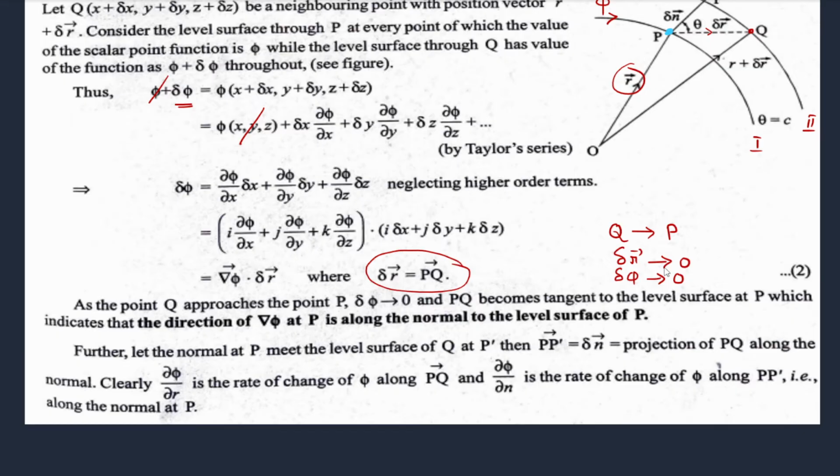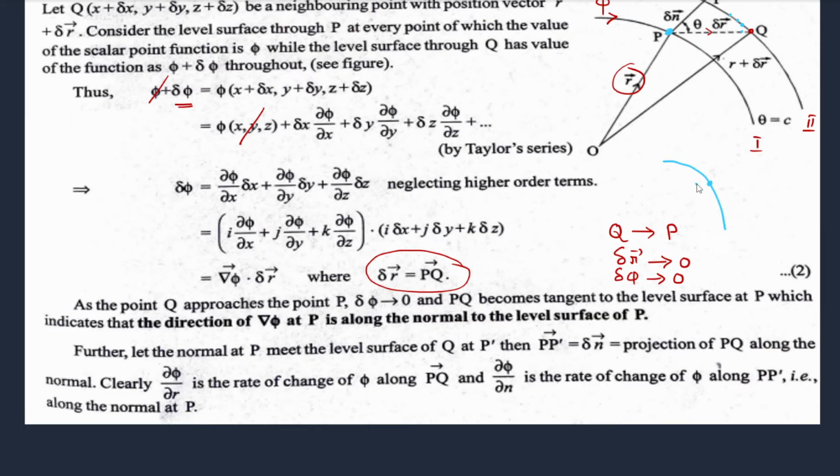This thing we have to understand. If Q is coming towards P in this direction, the distance between P and Q is gradually decreasing. Let me show it here.